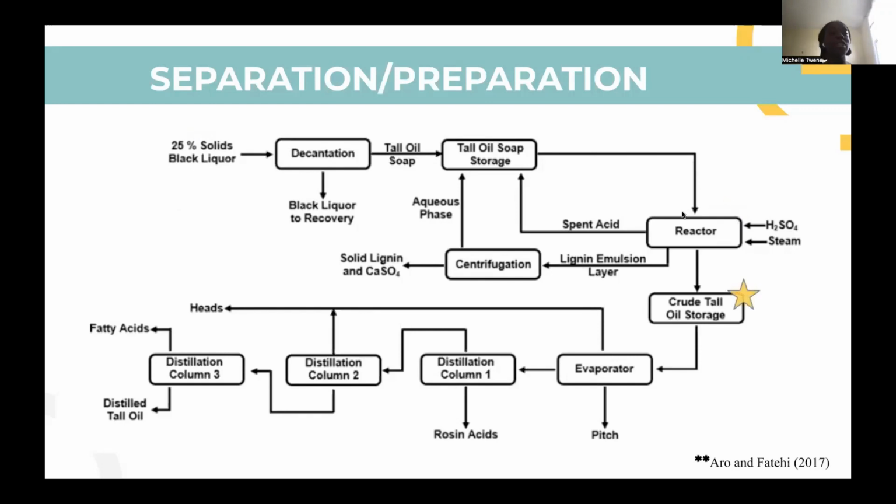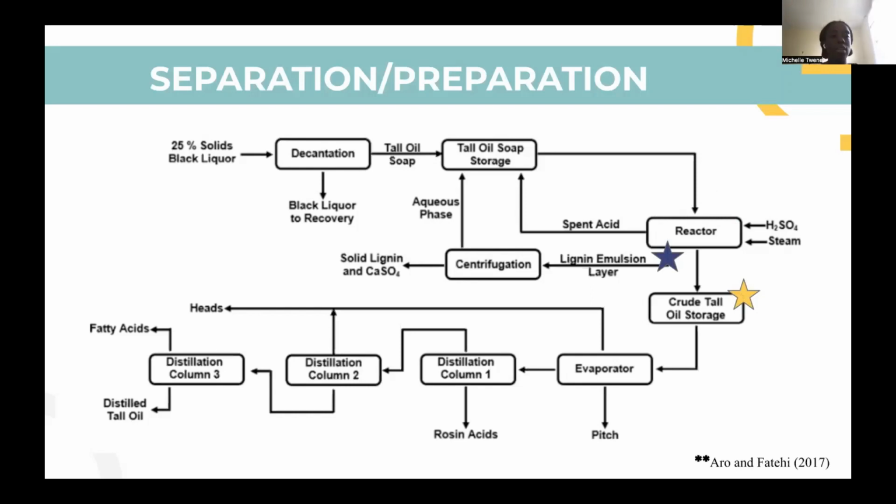The first layer is the crude tall oil that can be used in machines and vehicles. The next layer is the lignin layer. That layer is composed of 2 different types of lignin. One type being the insoluble lignin, which can be put back into the kraft pulping process and produces energy that is formed from the recovery boiler.